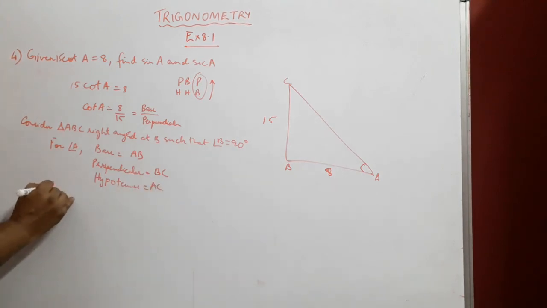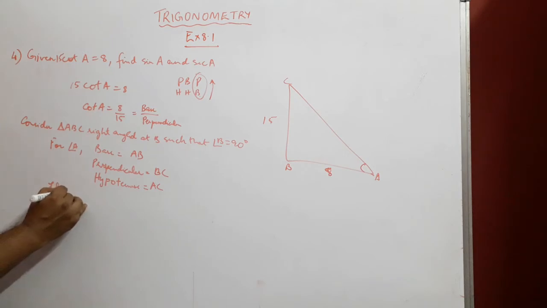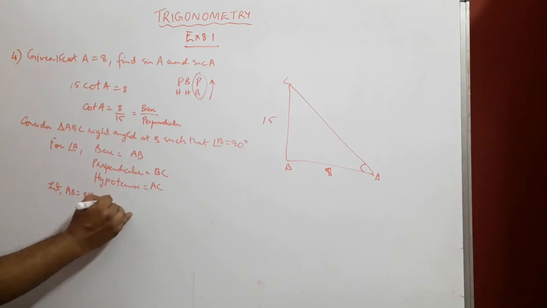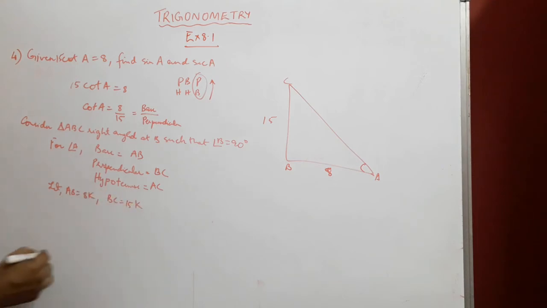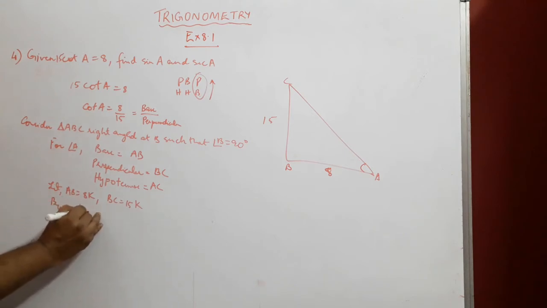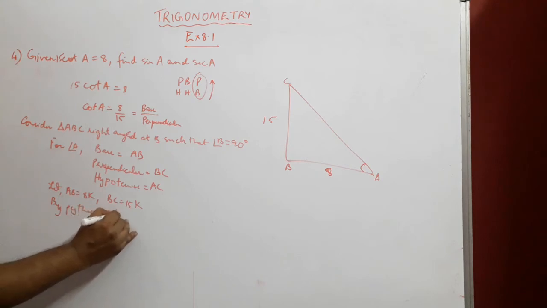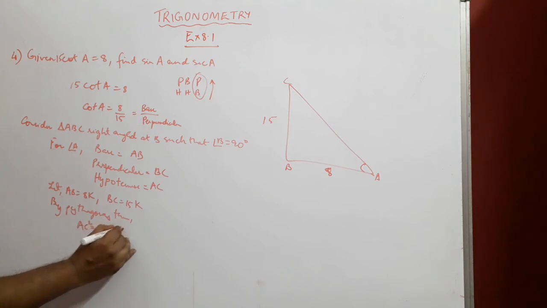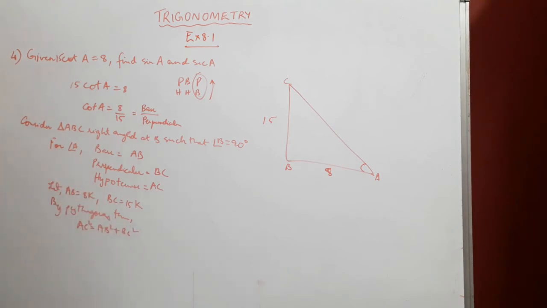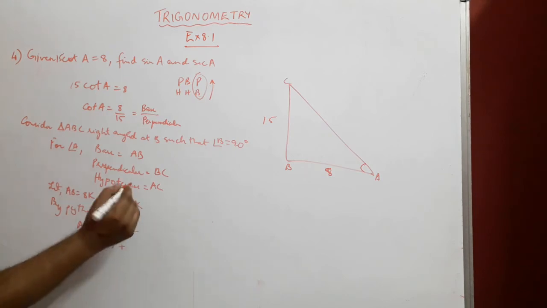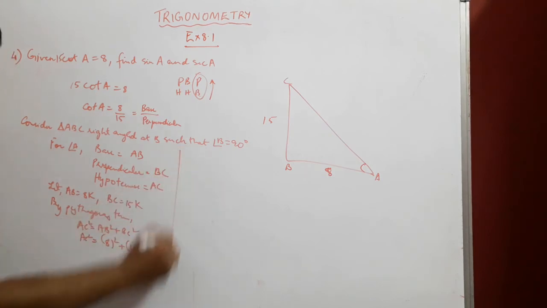Now let AB equal to 8k and BC equal to 15k. Now we'll apply the Pythagoras theorem. By Pythagoras theorem, AC square equal to AB square plus BC square. So we put AB as 8k square and BC as 15k square.